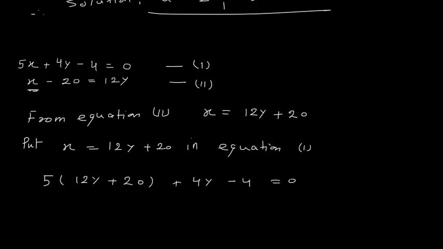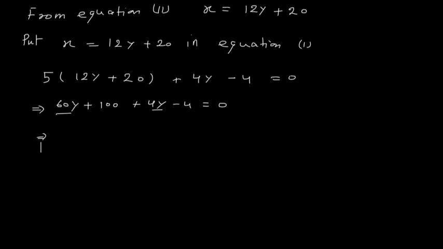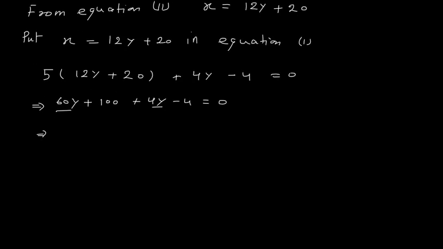Now I will open the bracket: 5 into 12 is 60y, plus 5 into 20 is 100, plus 4 into y, minus 4 is 0. Now 60y plus 4y is 64y. So this implies 64y plus 96 is equal to 0.